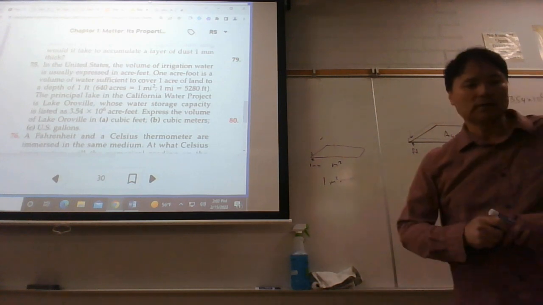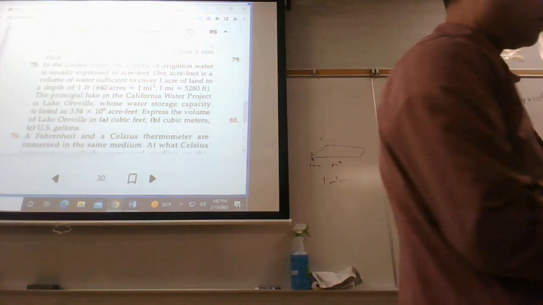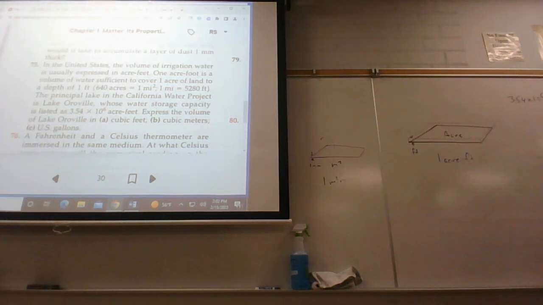So let's see what this comes out to here. What did you get? 1.54 times 10 to the 11. Okay, give me one more digit. 1.542 times 10 to the 11 cubic feet. We're allowed 3 sig figs, so I want you to show me 4 and then round it to 3.